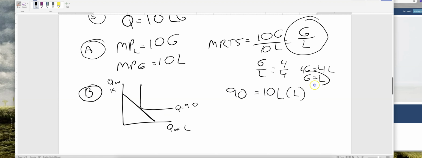G equals L. I just set this equal to the cost of the two things. So this would be 10L squared equals 90. L squared equals 9. So L equals 3.